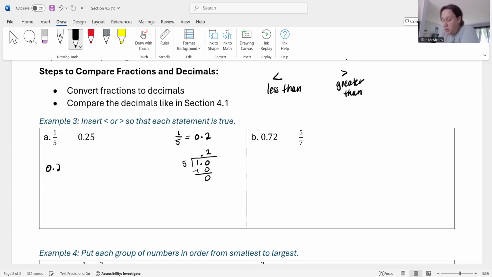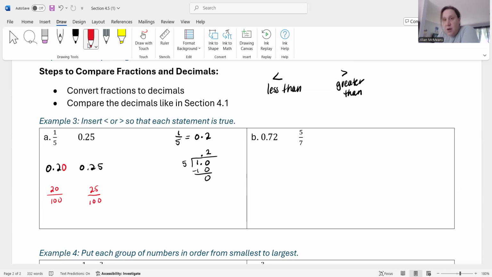So I've got 0.2 and 0.25. Well, remember when we were talking about comparing decimals, I said that if you can give your decimals the same number of decimal places, that's equivalent to finding basically an LCD. So if I go ahead and add a 0 right here, I'm really kind of secretly looking at 20 over 100 and 25 over 100.